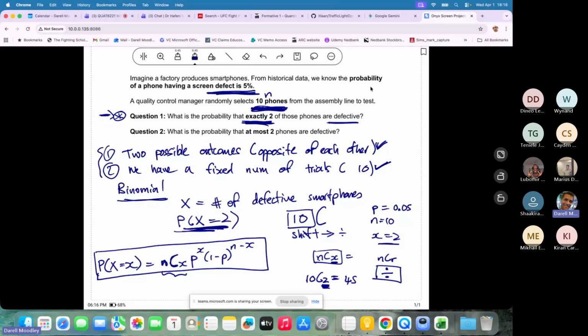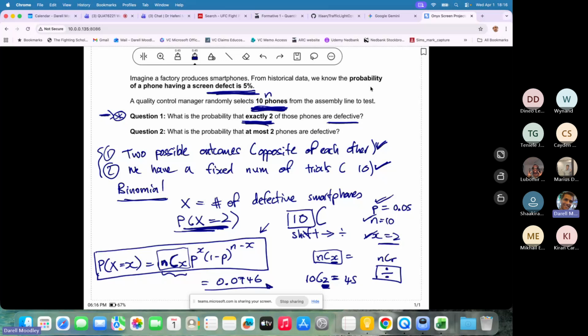So we have our P, we have our n, we have our x, we have everything to plug into this equation. And I showed you how to work out nCx, which is 45 for our example. Now, if I plug all these values into the calculator, we'll get a value of 0.0746, or in other words, 7.46%.